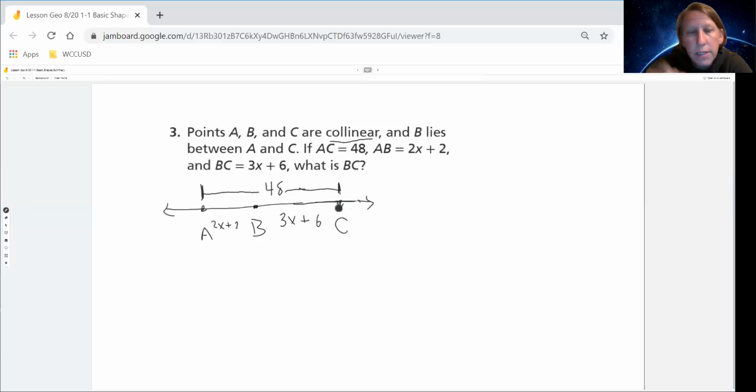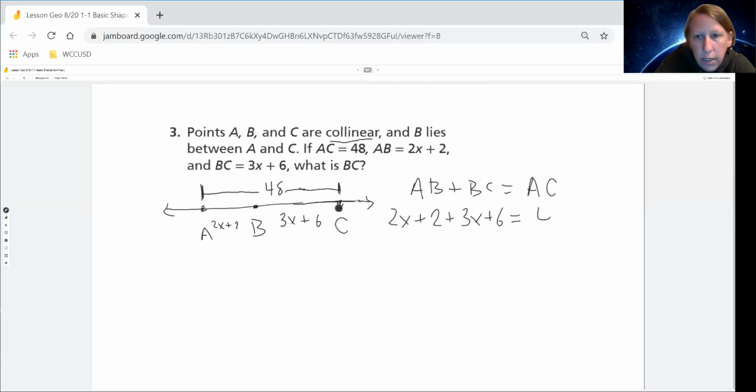The two little segments add up to the big segment. So the geometry says that AB plus BC equals AC. That's the geometry. That's the segment addition postulate. Now we trade the geometry out for algebra by substitution. And I get a nice little algebra problem that I can practice solving. So this we have like terms.